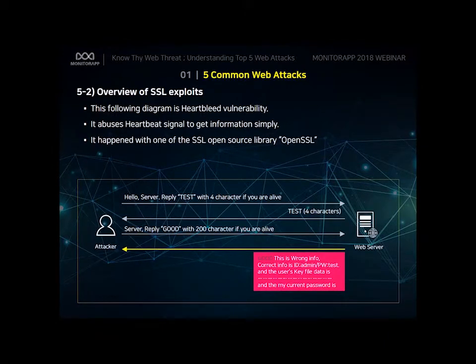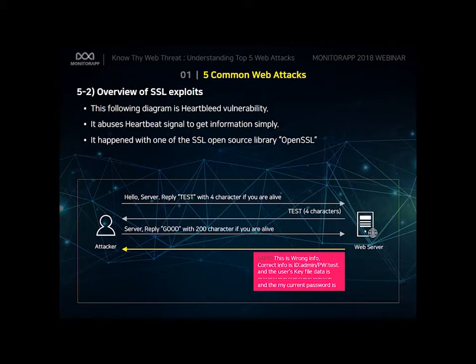Here is another example. This attack is called the Heartbleed attack. It is one of the most famous and dangerous SSL attacks, also found in 2014. This attack can be used in the communication itself, regardless of the SSL or TLS version.